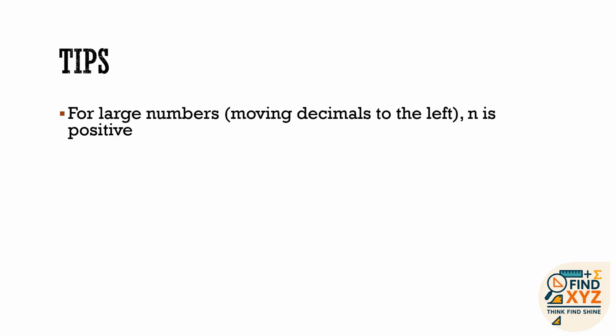Now, let me give you some few tips that will help you not make errors when writing scientific notation. If the number is large, example 10 or more, you are definitely going to move the decimal point to the left. And when you do that, the exponent must be positive. So large numbers mean positive exponent.